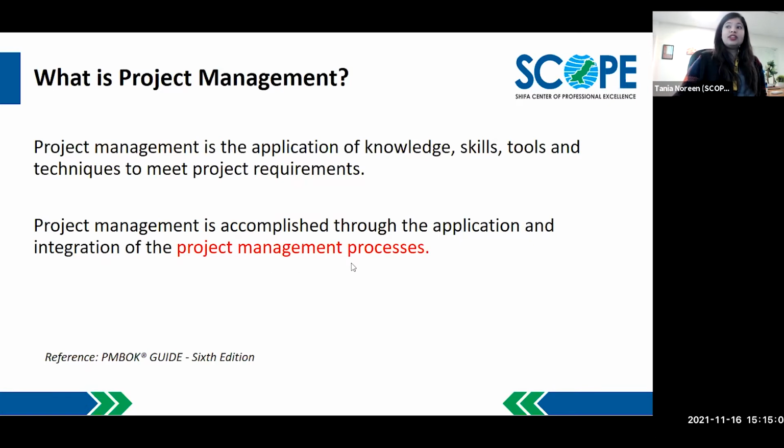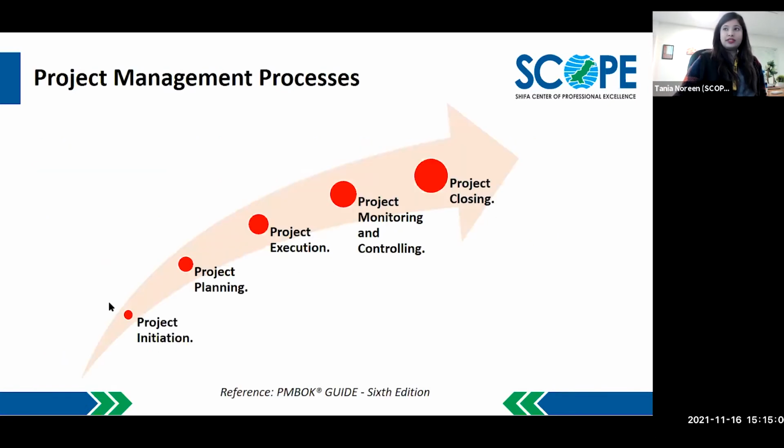Let's learn what the project management processes are. These are the project management processes: project initiation, project planning, project execution, project monitoring and controlling, and project closing.